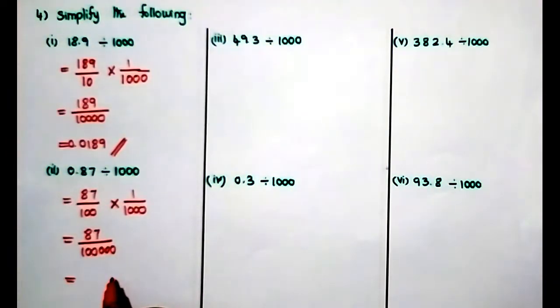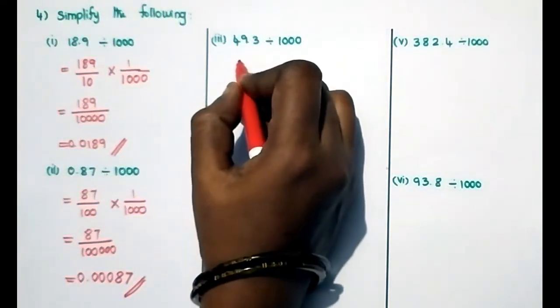Now before 5 digits we have to keep the point. There are 2 digits only, so add 3 zeros before the number. So 0.00087 is the answer.